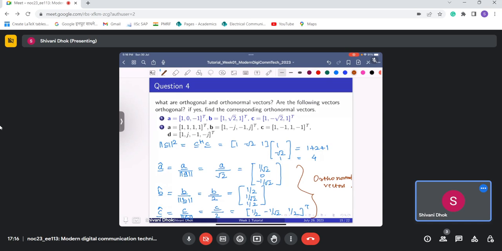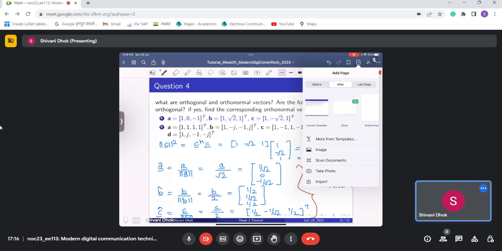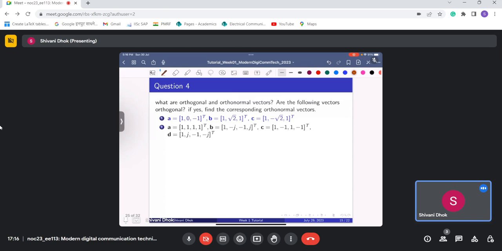Okay. Now another way to do this is we can stack these vectors in columns. That is, what I can do is construct a matrix A, that is A bar, B bar, C bar, which I can write as 1 0 minus 1, 1 root 2 1, 1 minus root 2 1.